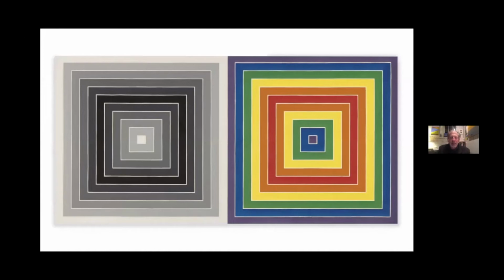This is Frank Stella, who I hated. But the only painting I ever saw of his that had space in it was the black and white versions of this series, which I don't think the ones I saw in person were huge. I don't think they had these white lines in between them. But as a colorist, he never made any sense to me.